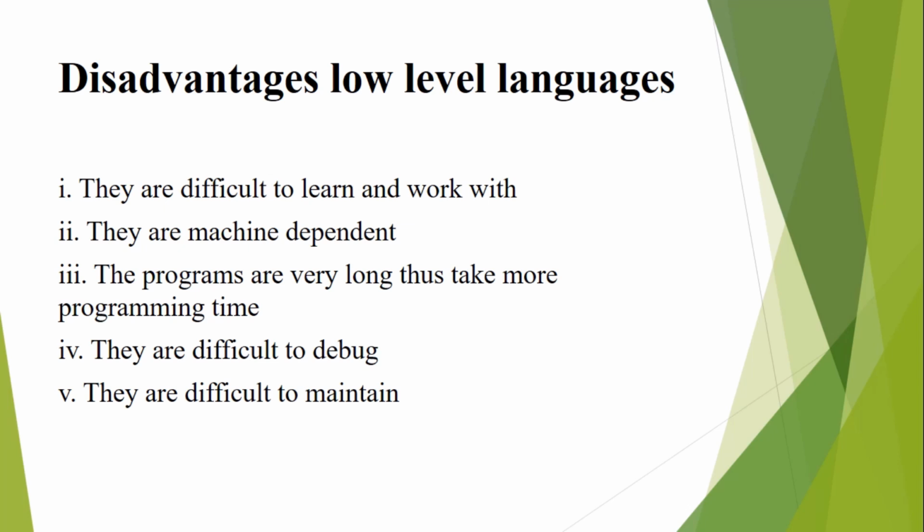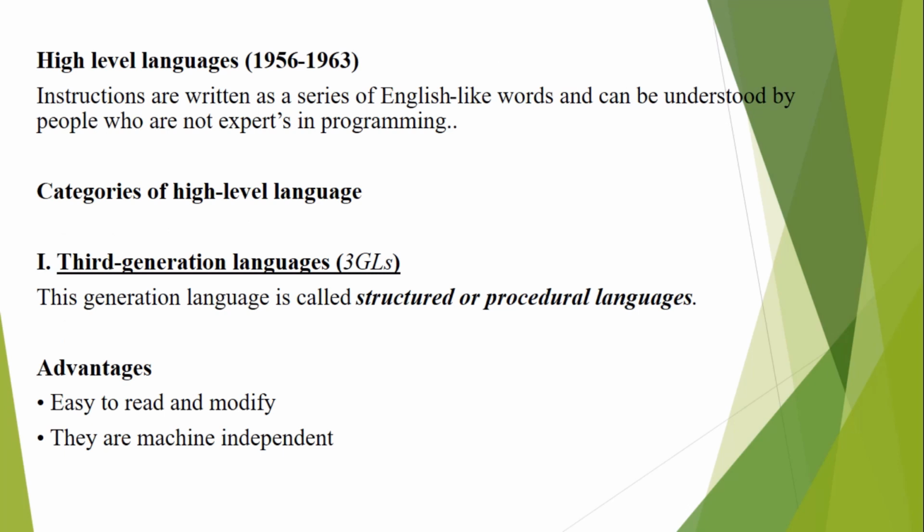In the low level programming languages, we have seen the first generation and the second generation. First generation being the machine language, the second generation being the assembly language. Now let's come to the high-level programming languages. They were developed between 1956 to 1963, when Kenya was getting our independence.